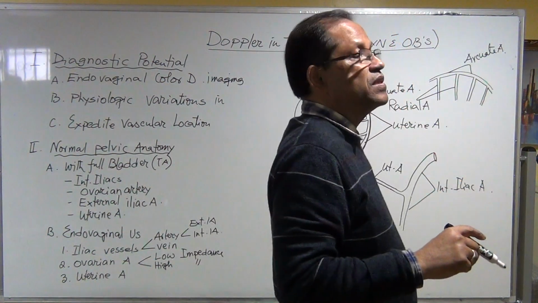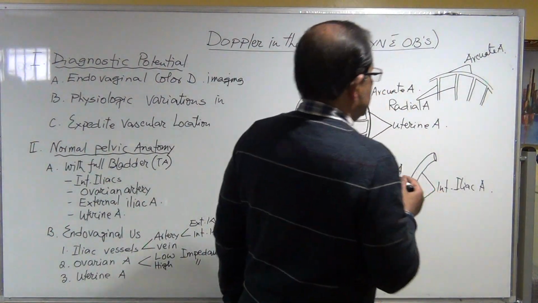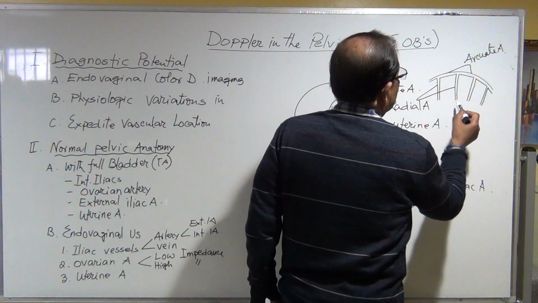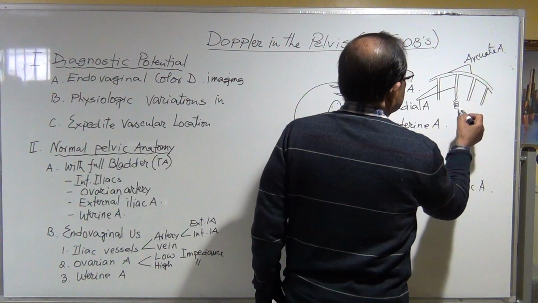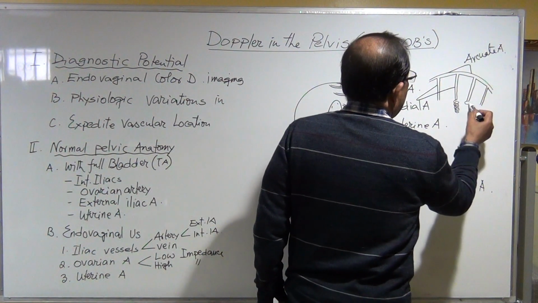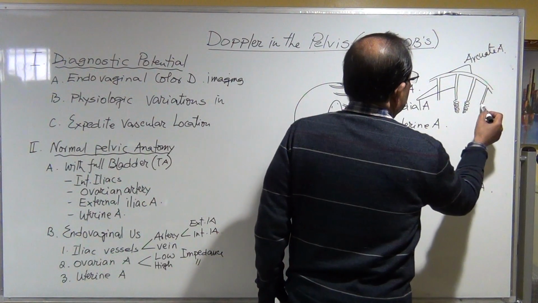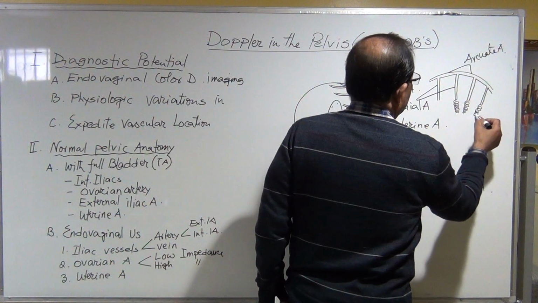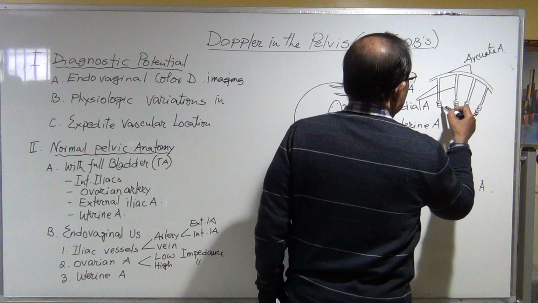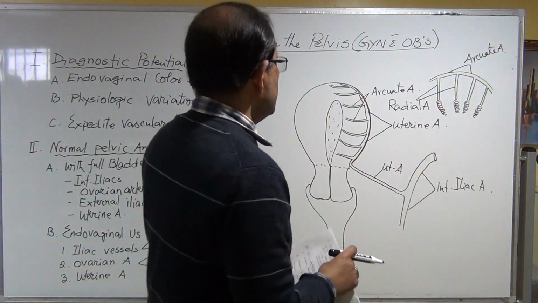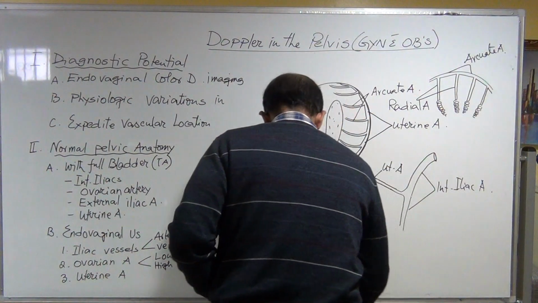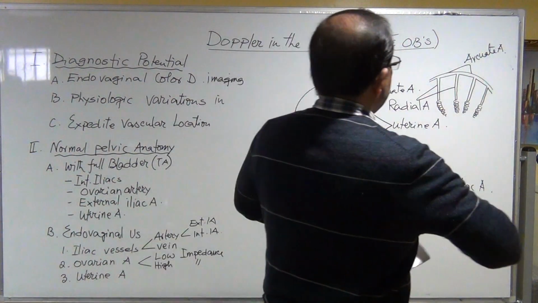That's why its name is radial artery. And at the end of the radial artery, there are spiral arteries, spiral arterioles. And this spiral arteriole is in the endometrium.